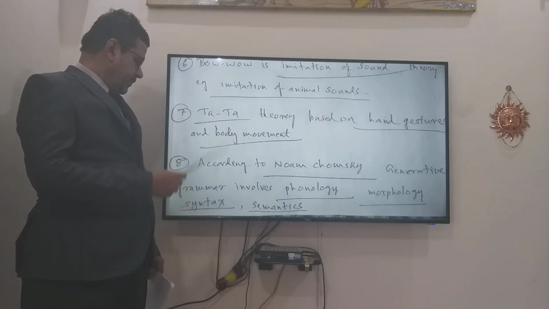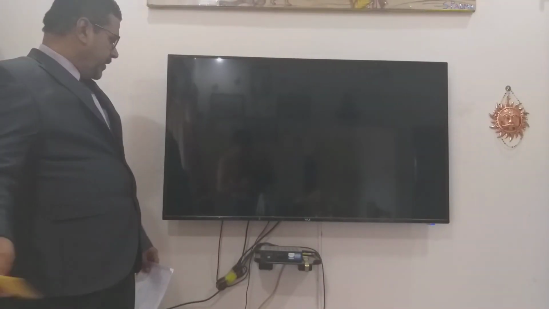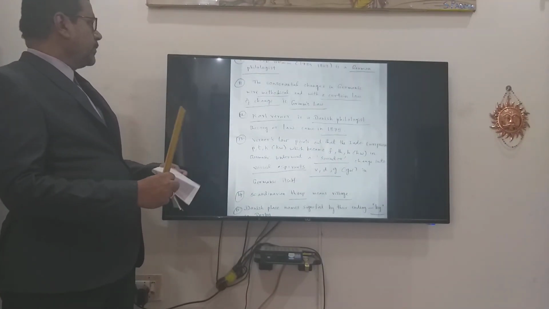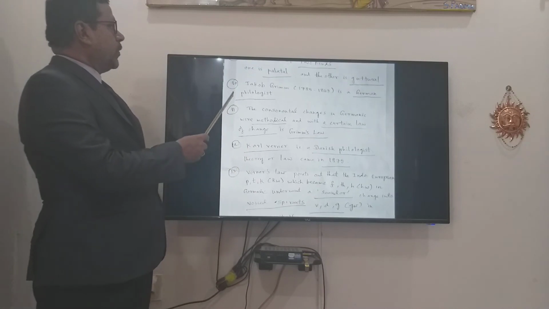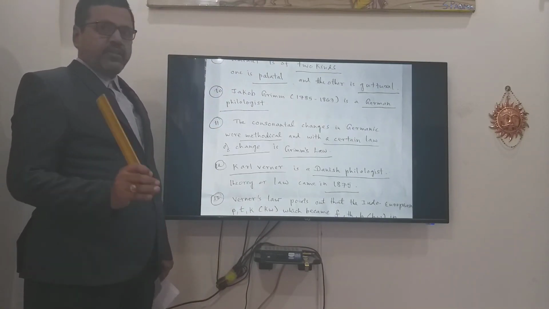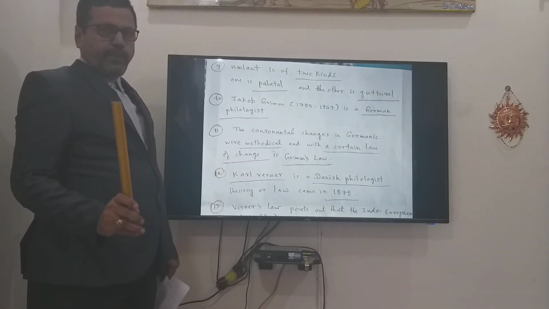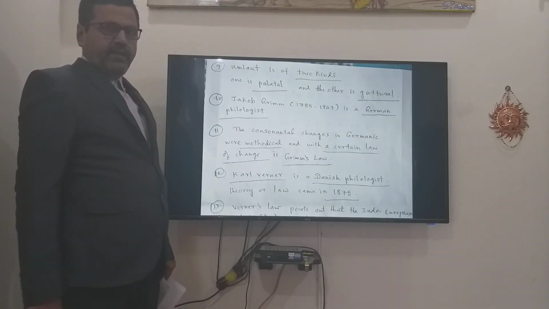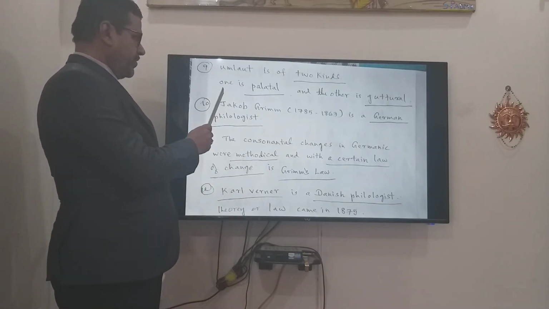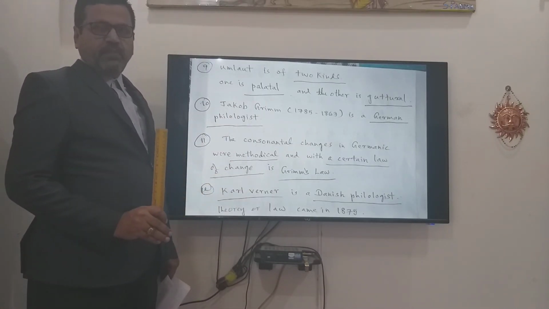Next, number 9. Under umlaut, it has 2 kinds. As I explained earlier, it's the Germanic equivalent for mutation. So for sound, we produce 2 types of sound.